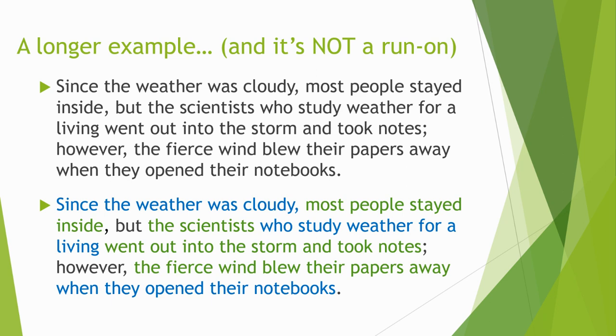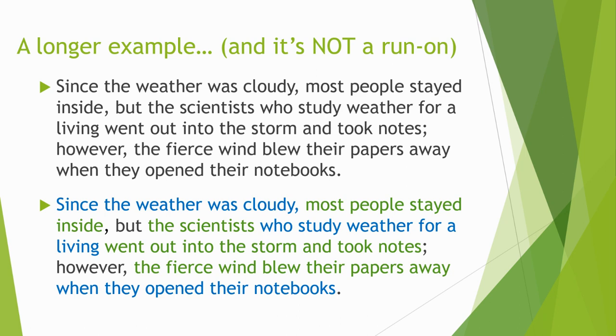Since the weather was cloudy, comma, dependent clause. Most people stayed inside, independent clause. The scientists, now here's where we have a relative clause interrupting. The independent clause is this: the scientists went out into the storm and took notes.